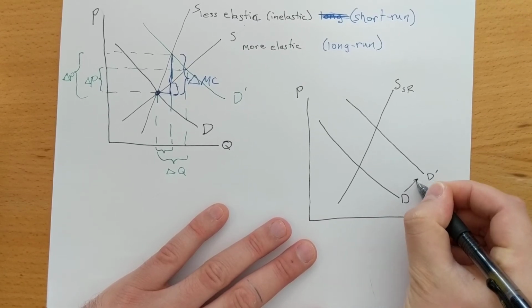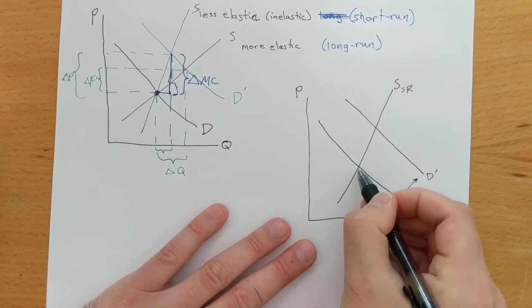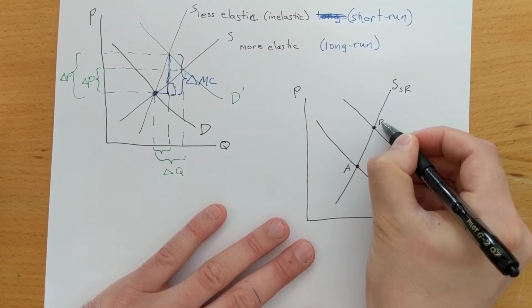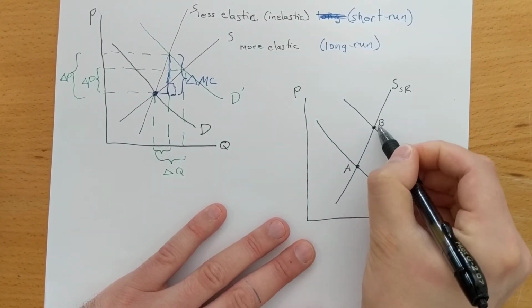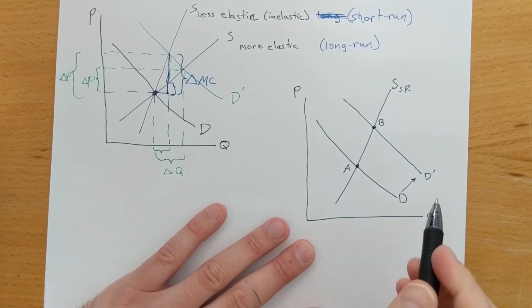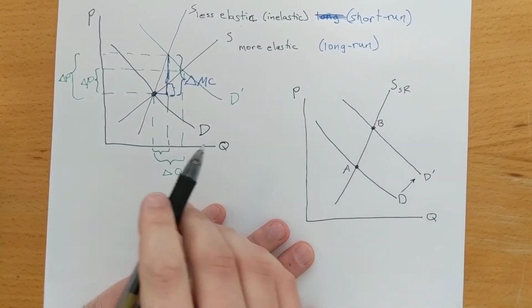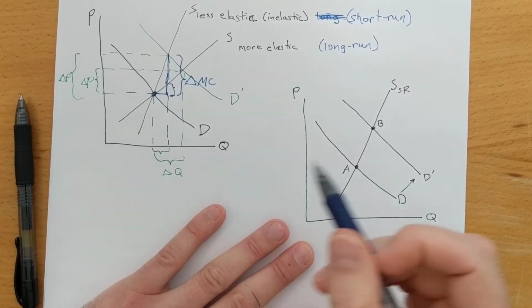Okay, demand increases, and we start out at point A, and then over a short time period we move to point B, and it's expensive for us to expand production. But then over time we start learning how to produce this at a lower cost.